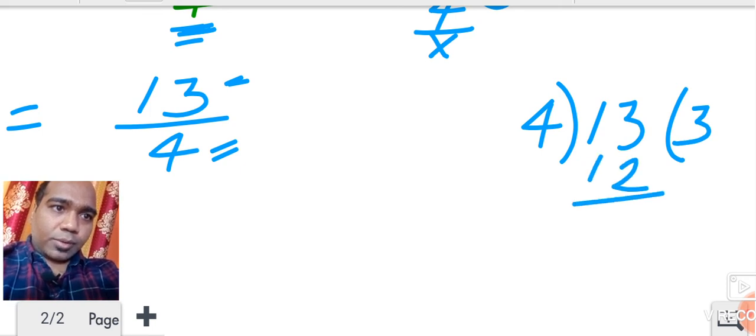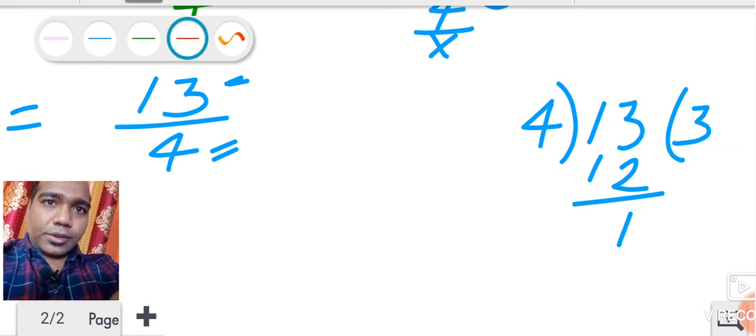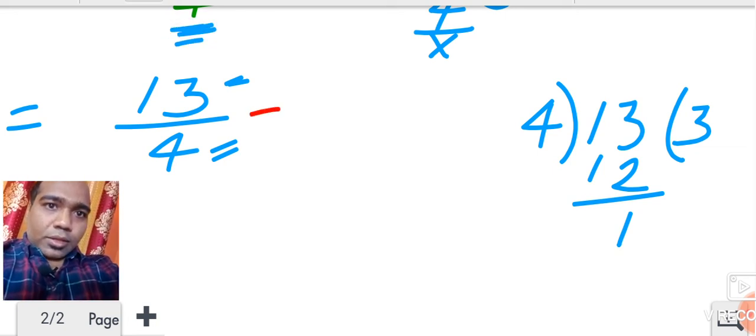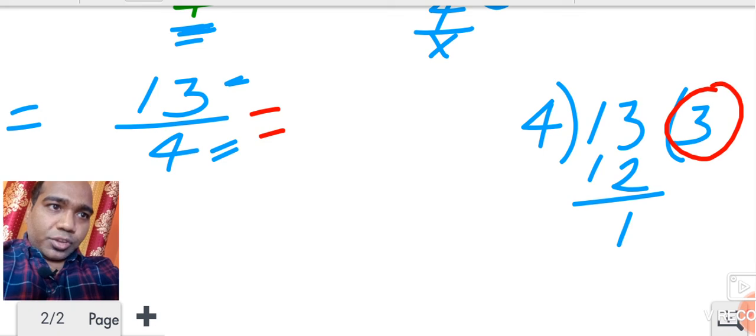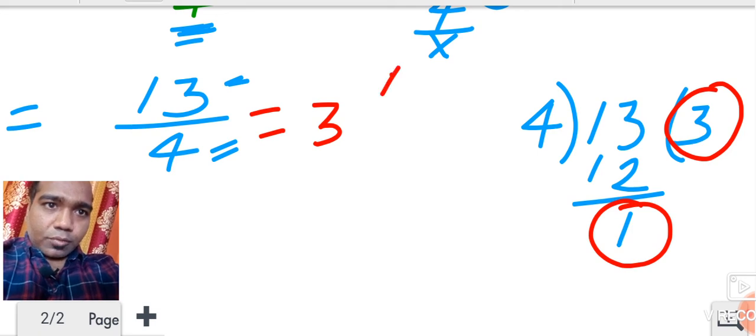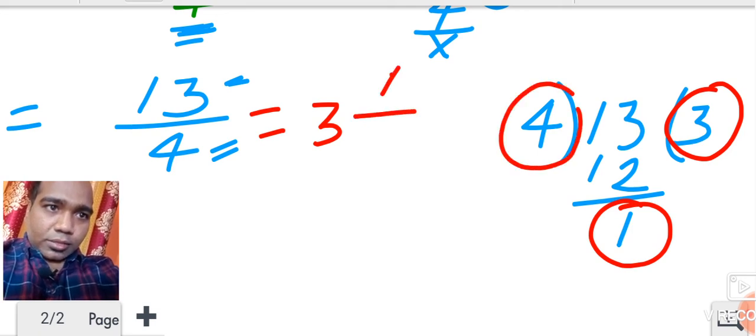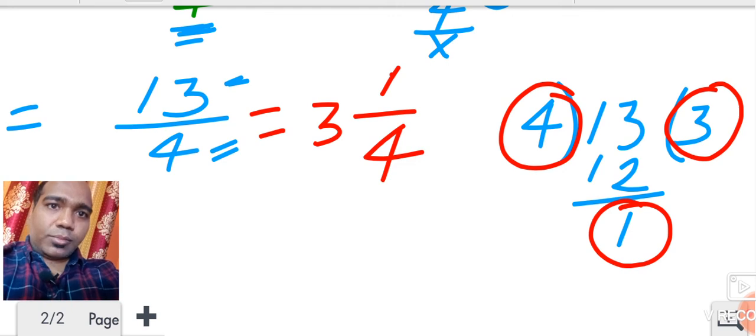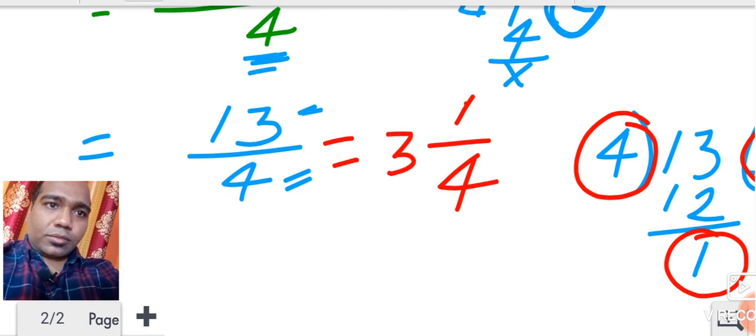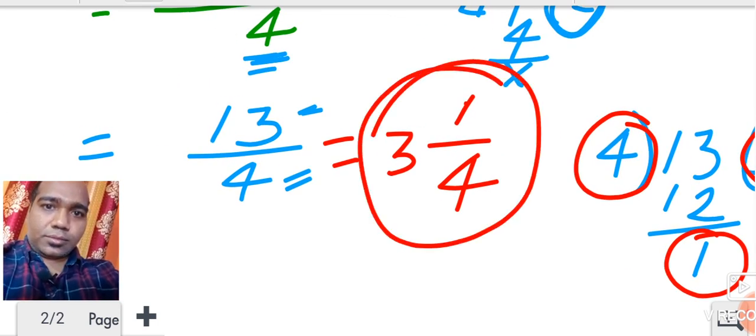Okay, the remainder will be 1. So now we'll write equal to the quotient part as the whole number, and the remainder becomes the numerator, 1 by this 4. 3 whole 1 by 4. Okay, so this is our final answer.